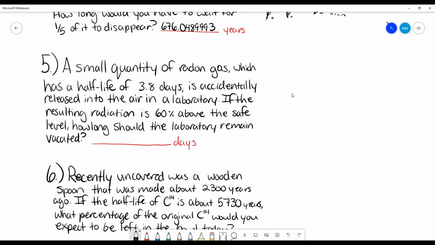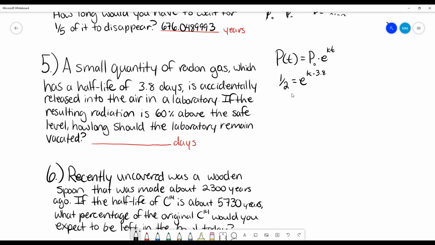Yeah, so we want to figure out how long it's going to take for it to return to a safe level. So remember our equation here. Okay, we know it has a half-life of 3.8 days. So I can say that 1/2 is going to equal this, right?